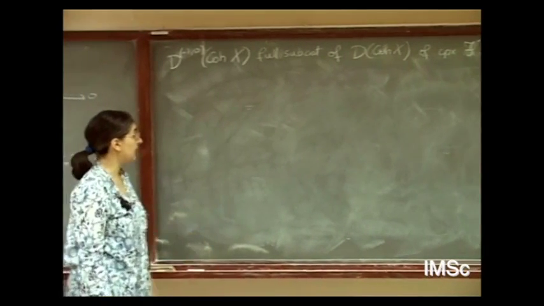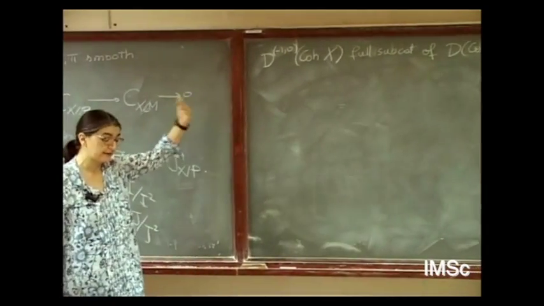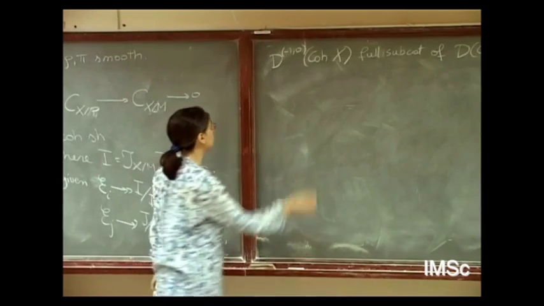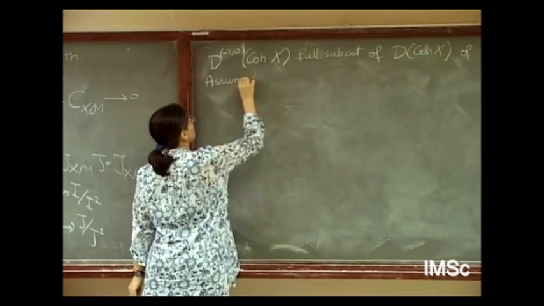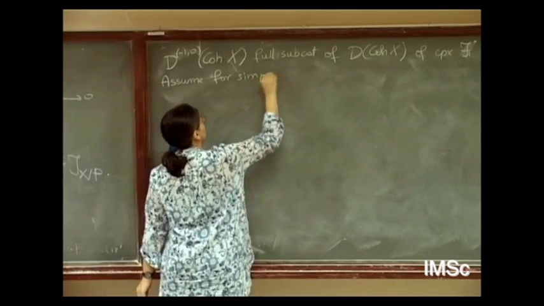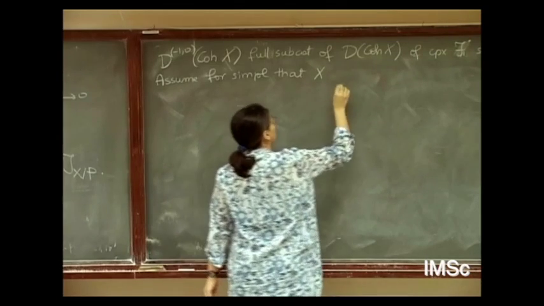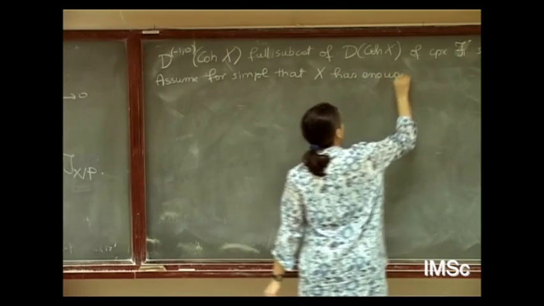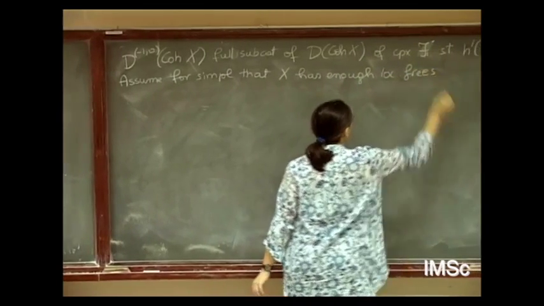So let me give you an alternative description of this category, and let me assume for simplicity that X has enough locally frees. And enough locally frees, you can find it in Hartshorne.